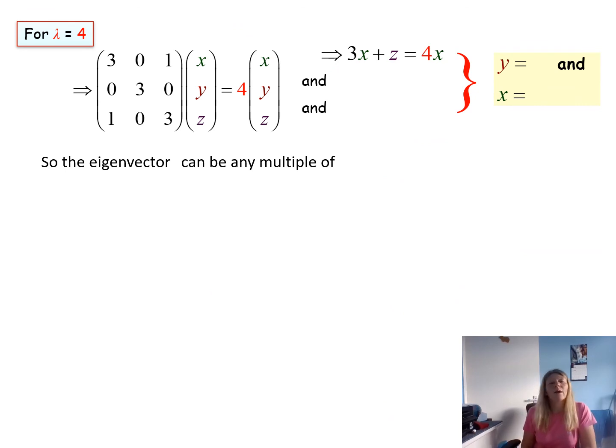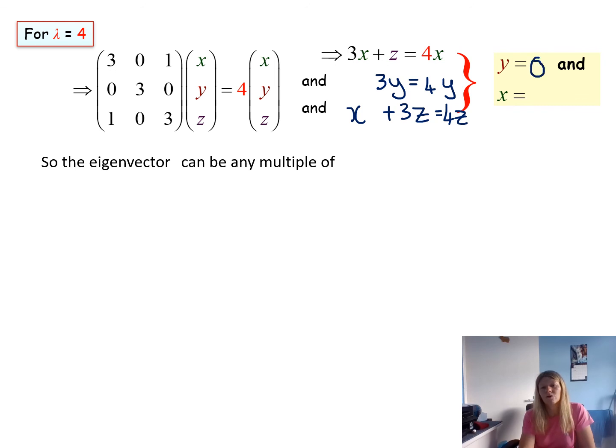And one more. We had when lambda is 4. So multiply the top line, done that for me. Next line gives me 3y equals 4y. Nonsense. And the bottom line gives me x plus 3z equals 4z. So y equals 0 from that, because that's more nonsense.